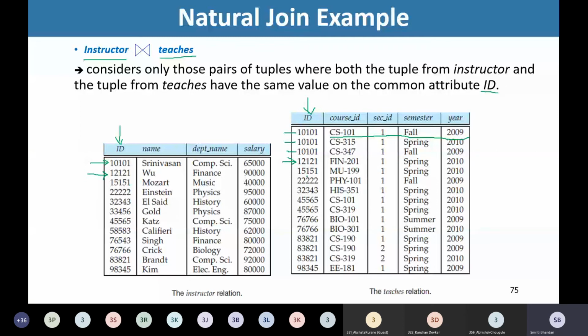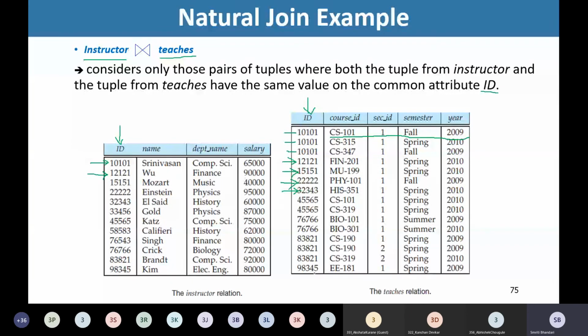Then 15151, we have the match, so we'll have that tuple as well. For 22222 we have a match, so we will have that tuple as well. 32343 we have a match, so we'll get that tuple as well. Only the matching tuples.